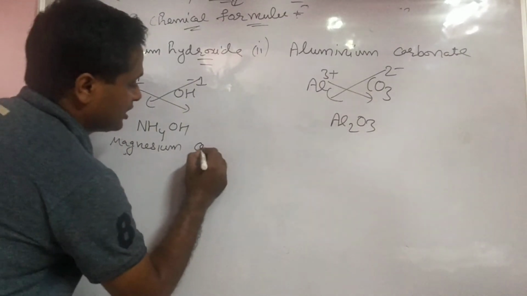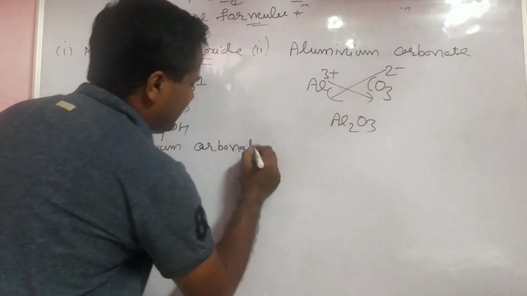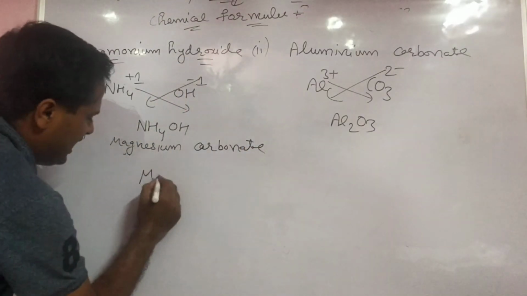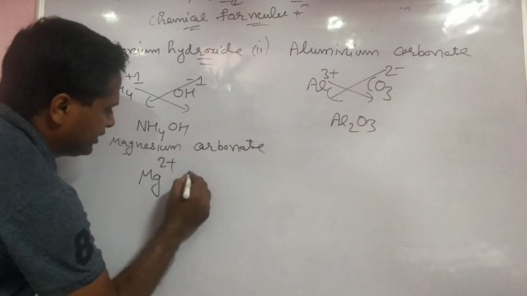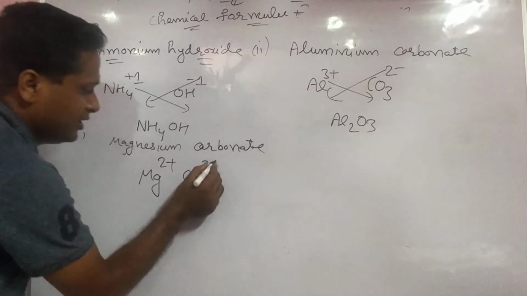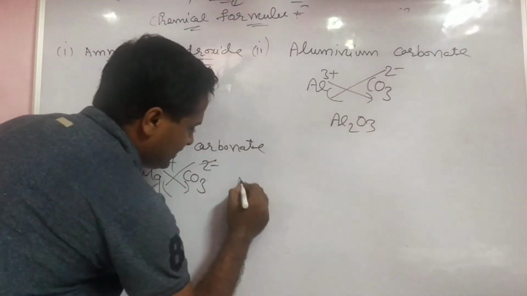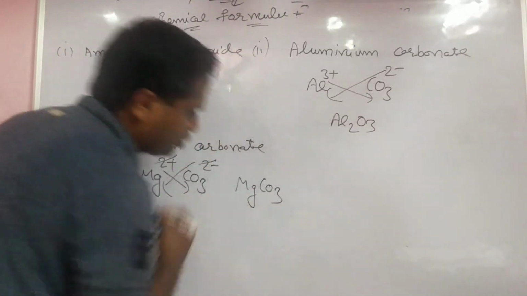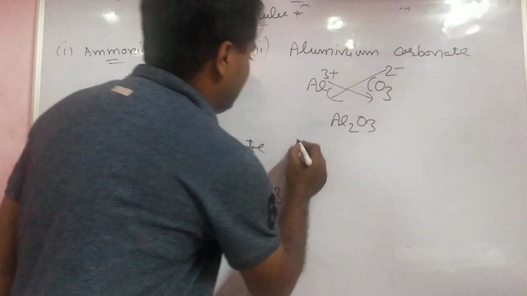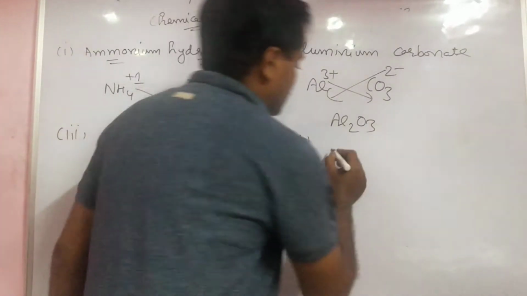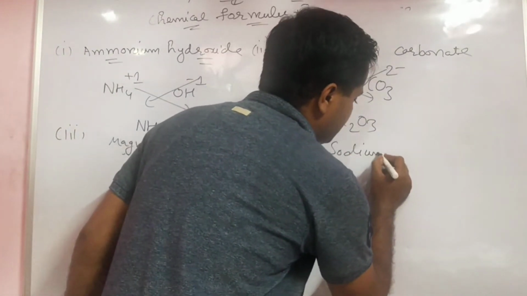Magnesium carbonate. Yes, magnesium carbonate. Mg2 positive, CO3 2 negative. If valency cut, then cut. उसके पैर में that is a MgCO3. Any other element? That is a yes, sodium bicarbonate, baking soda.